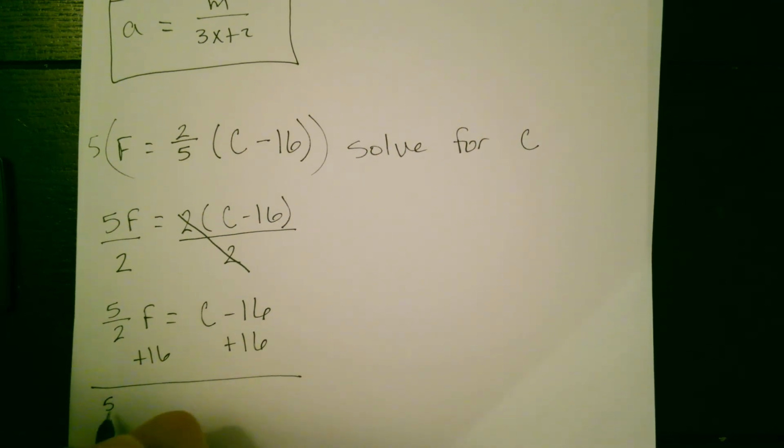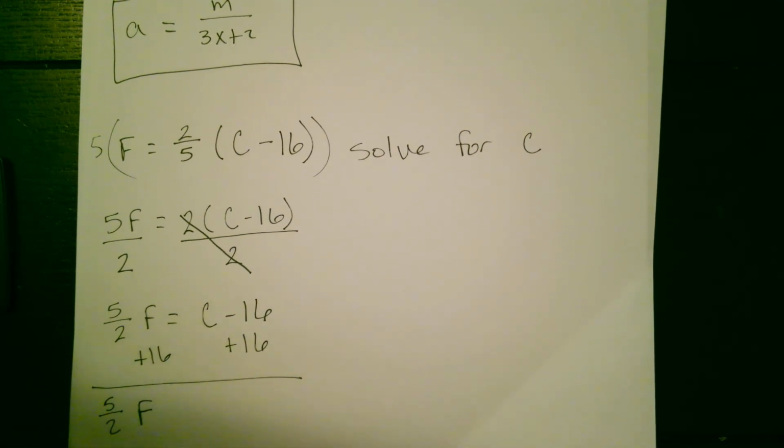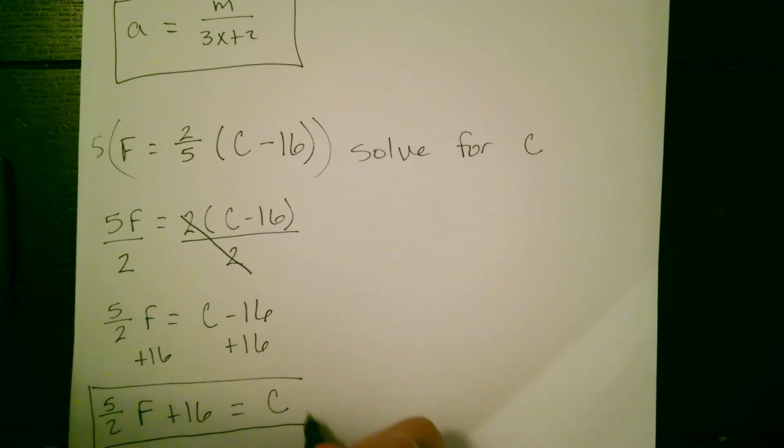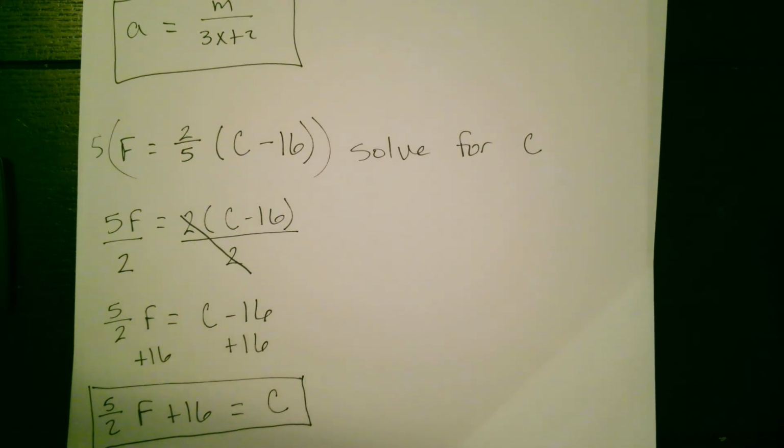So I have 5 over 2f plus 16 is equal to c. So we solved that abstract equation for c. So every problem is going to be a little bit different depending on what the equation looks like, but just remember you can view every other variable in the equation as just another number.